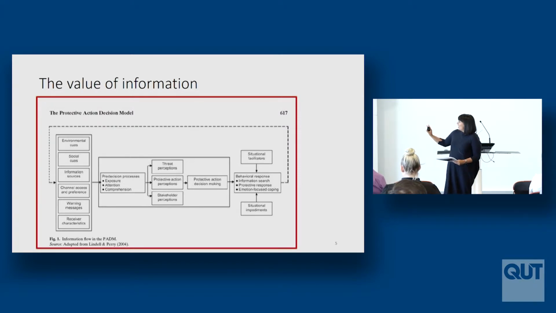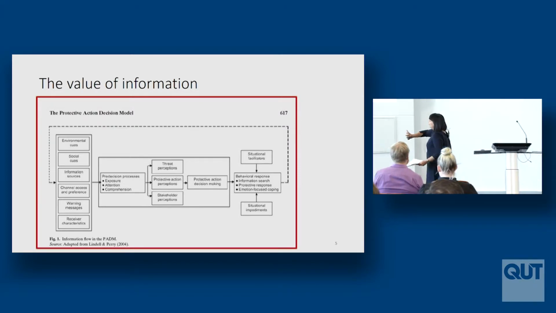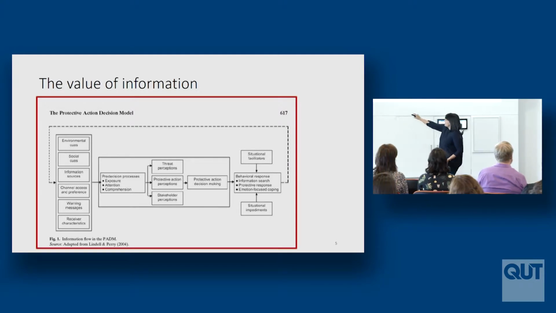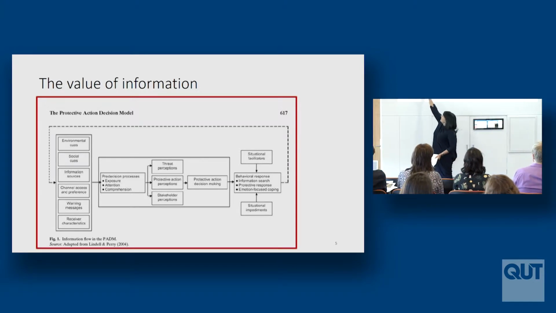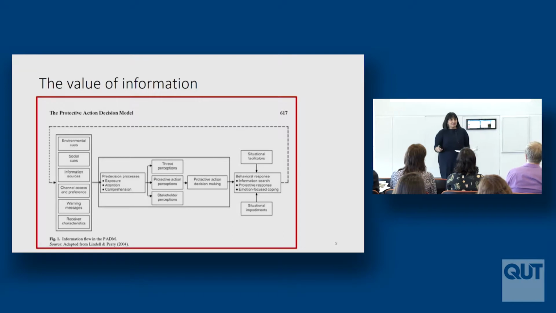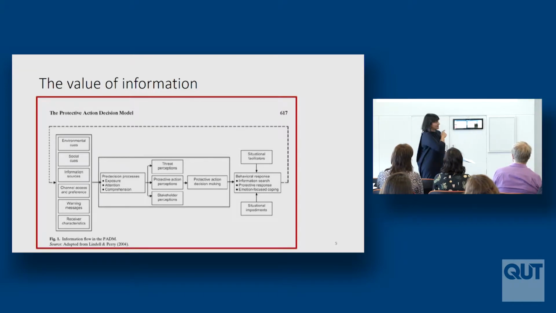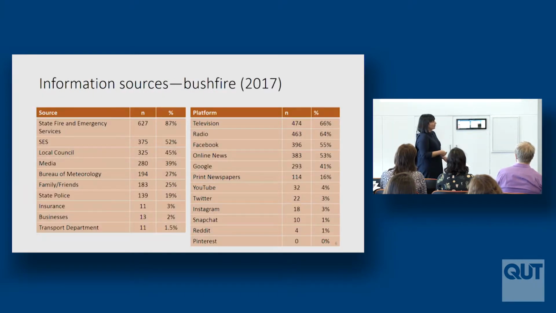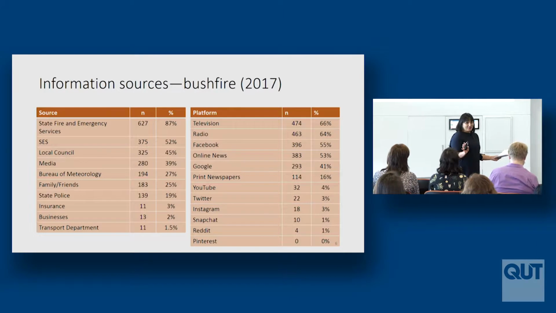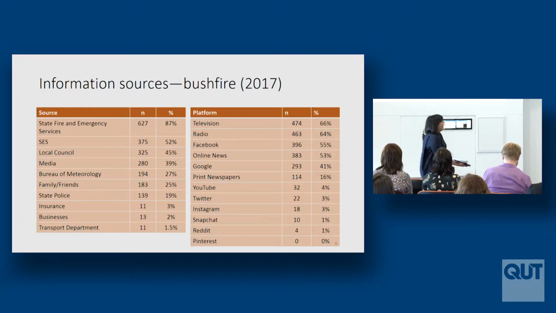So this is a way of showing the value of information. So sure, the warning message sits here, but there are a number of different elements that are critical drivers to help people move through this process. And of course, it was presented in a beautiful linear fashion there. It doesn't necessarily work that way. It can be quite chaotic.